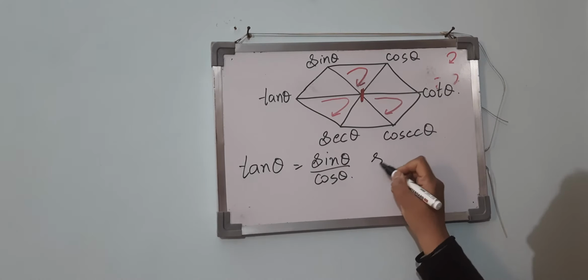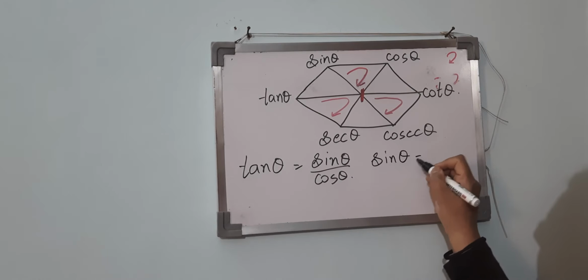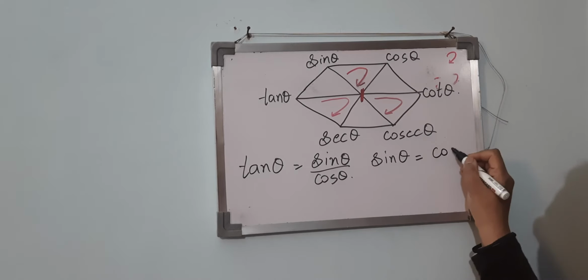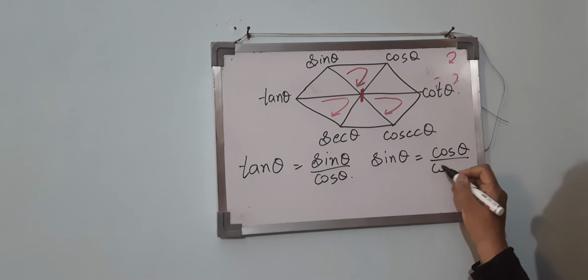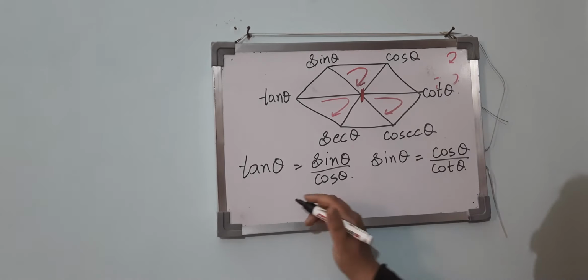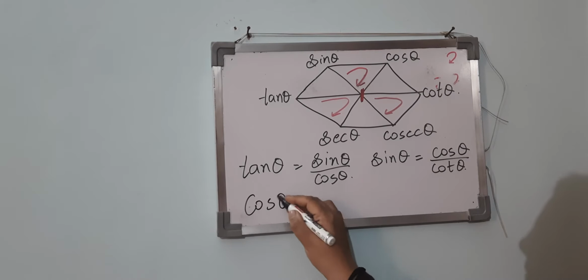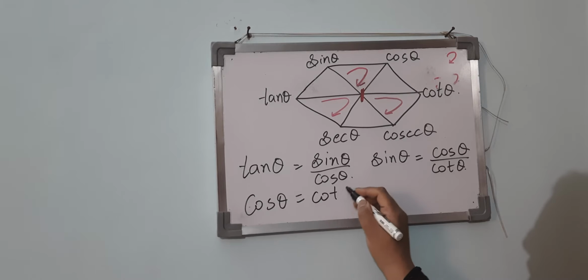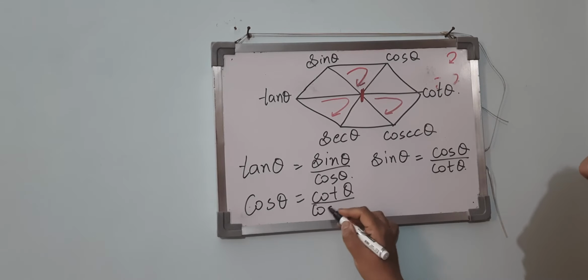Similarly, if I say sin theta, then sin theta is equal to cos theta over cot theta. Now take cos theta, then cos theta is equal to cot theta over cosec theta.